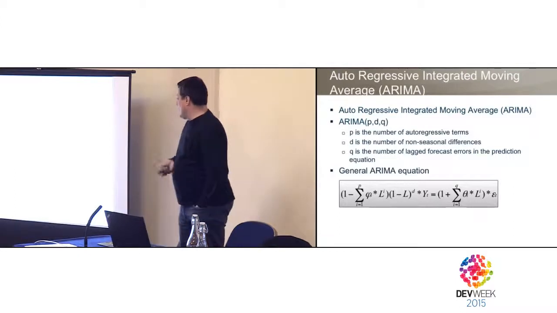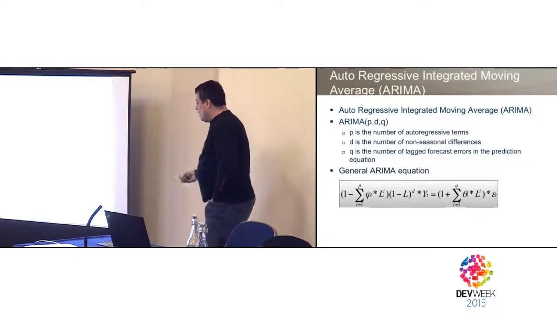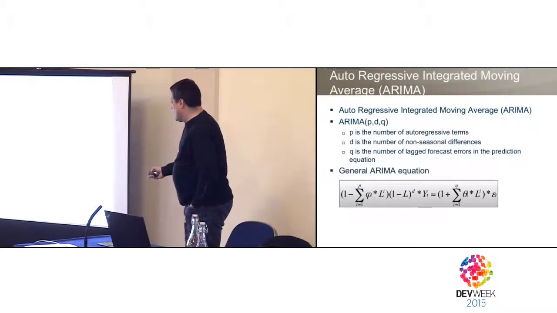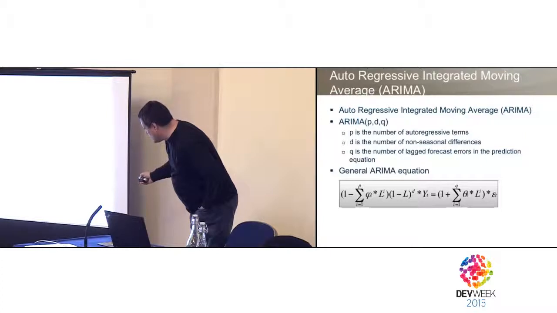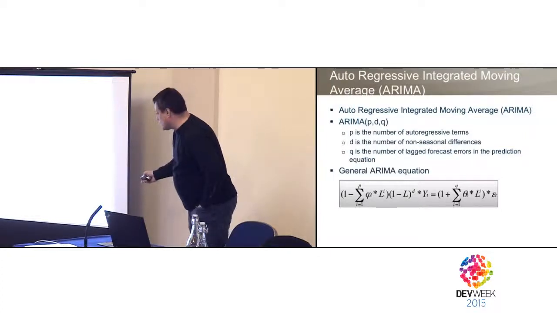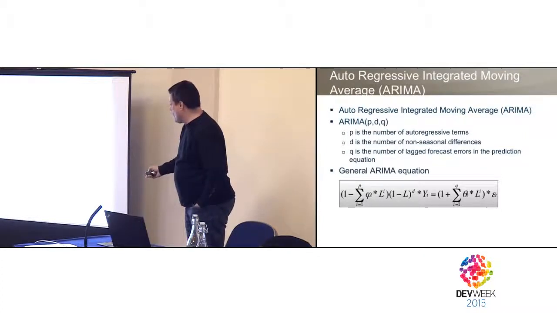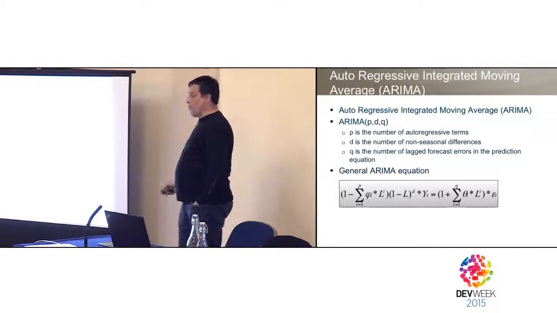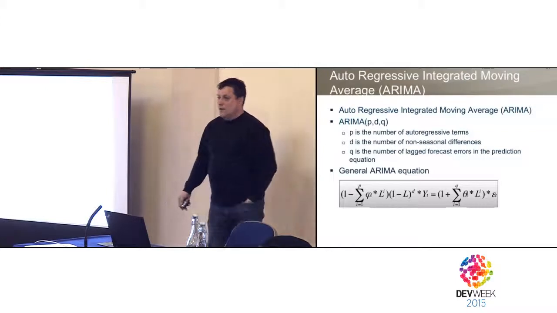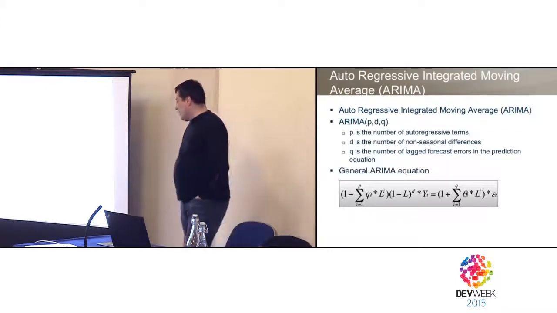And this is the general equation. So we express the current value, this is the polynomial for the values. Is it missing a bracket here? Yes. So we have some lag operator, some difference operator, and lag operator on errors. So this is the standard way of expressing.